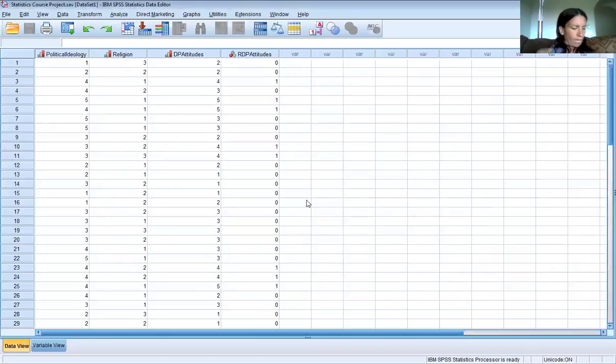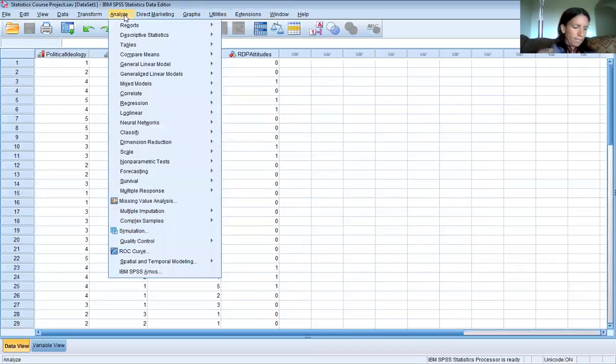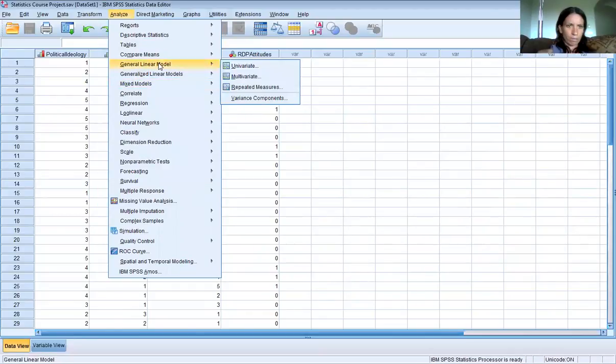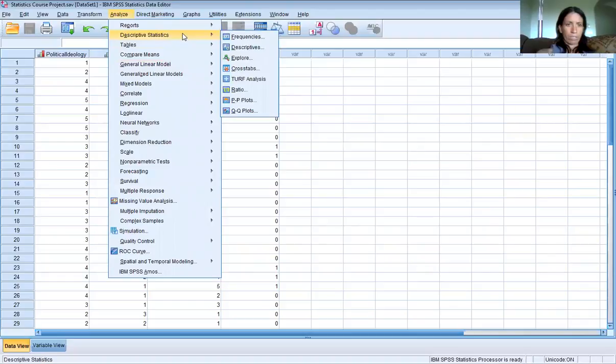I don't need to save the output. Okay, so I now have a recoded dependent variable. So the last thing I need to do is run a chi-square. To do that, I'm going to go to Analyze, Descriptive Statistics, then Crosstabs.